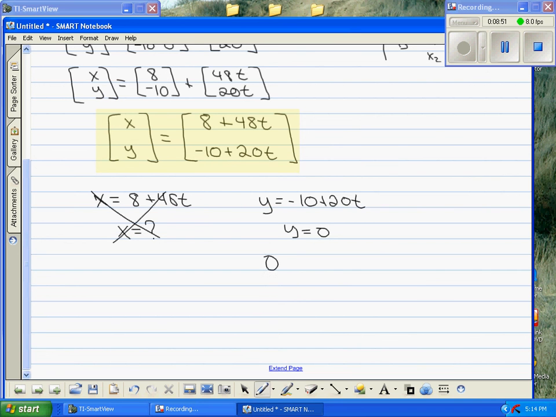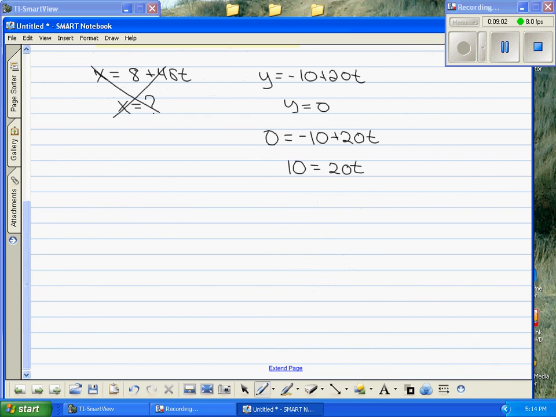And that gives me 0 is equal to negative 10 plus 20t. Add 10 to both sides. 10 is equal to 20t. Divide both sides by 20. t equals a half. So in a half hour, the car will be directly east of us. I hope this is useful. Please email me any questions.